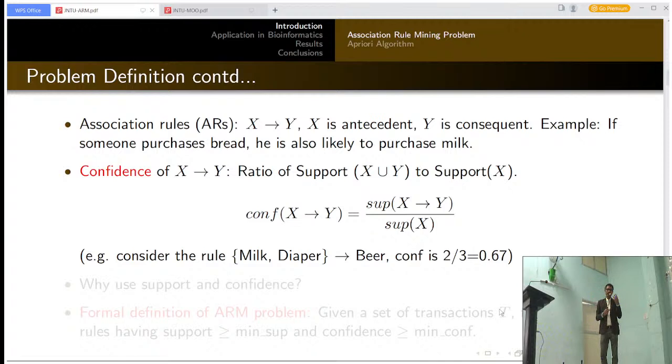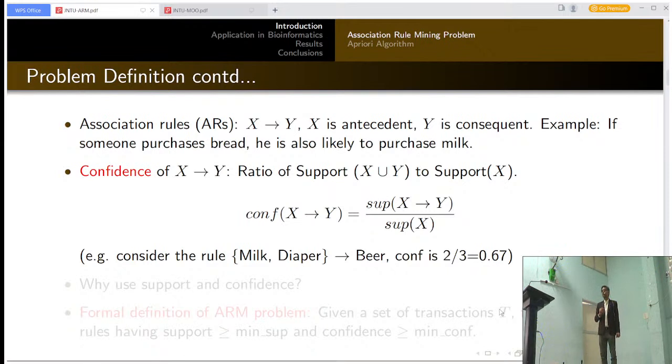But if a rule has very high support and is also very highly confident, then that rule is really frequent in the data set and definitely supported by it. So based on that rule, you can take valuable decisions. You cannot just extract a random rule and take a decision based on it unless that rule has high support and confidence. So support and confidence are two metrics by which we judge the goodness of a rule.